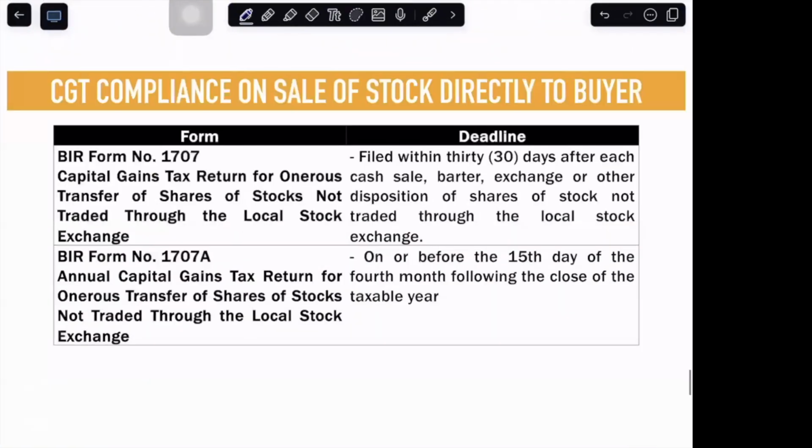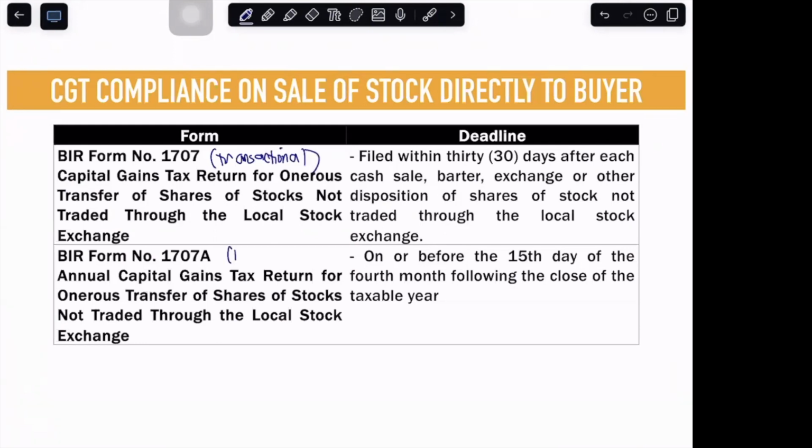Now, how do we comply on the sale of your stock directly to buyer? So we have here your BIR Form 1707 and 1707A. As I told you earlier, the rule is that it is transactional or annual. Transactional, you file using 1707. For annual, you file 1707A.